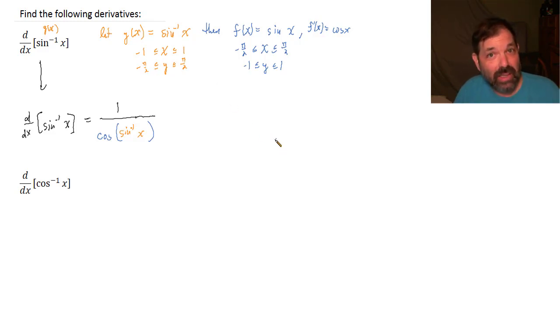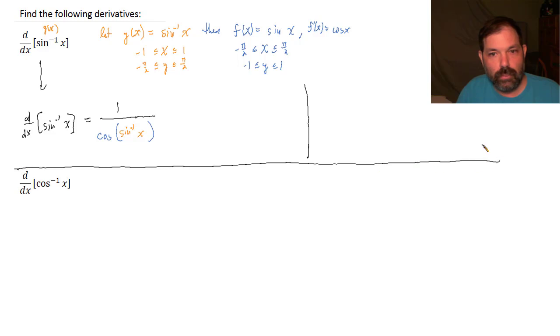And we tend to think of that as an angle. So let's draw this. If we draw an angle, a y value, between negative pi over 2 and pi over 2, and think of that as an angle, here's one possibility.